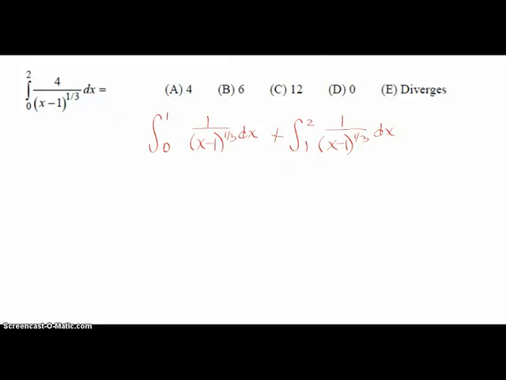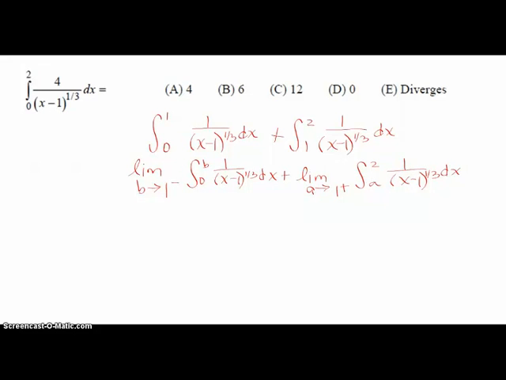We're going to have to approach it from 2 different sides. So we introduce the limit as b approaches 1 from the left, from inside the interval, of the integral of (x minus 1)^(-1/3) dx, plus the limit as a approaches 1 from the right, again inside, of the integral of (x minus 1)^(-1/3) dx.